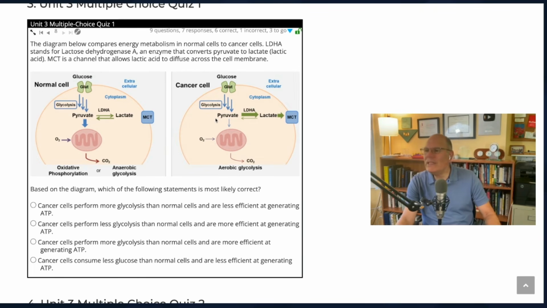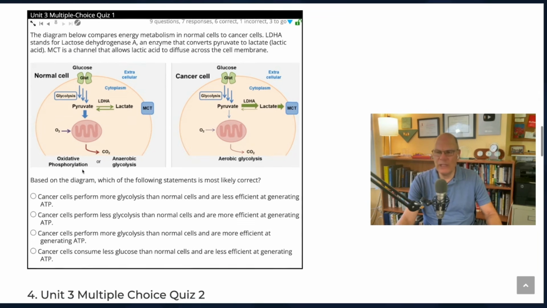And the main difference is that in the cancer cell, there's an arrow from pyruvate that goes to lactate and then goes into this channel called MCT. Whereas in the normal cell, from pyruvate, there's an arrow that goes into the mitochondrion that leads to oxidative phosphorylation.